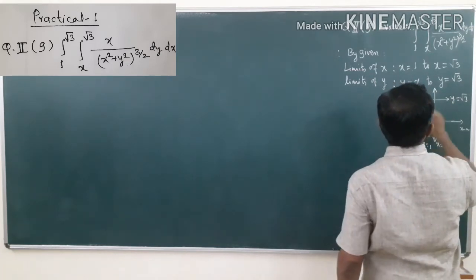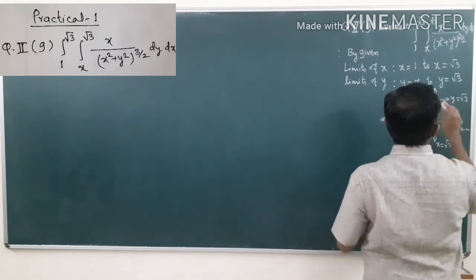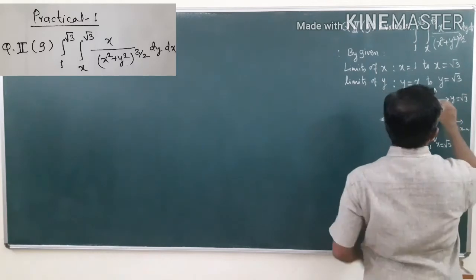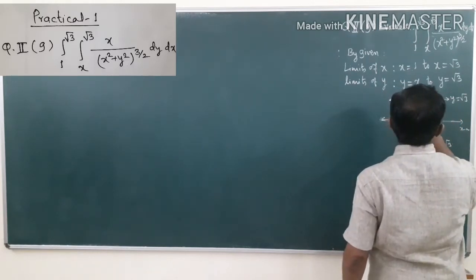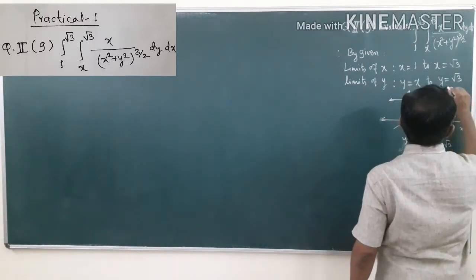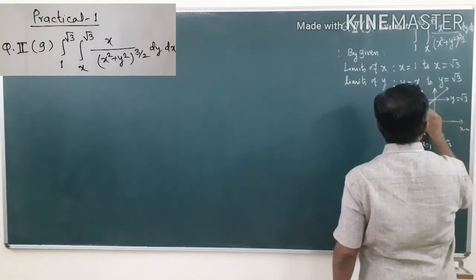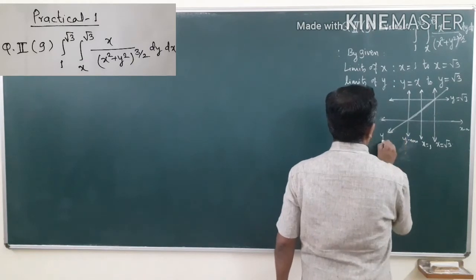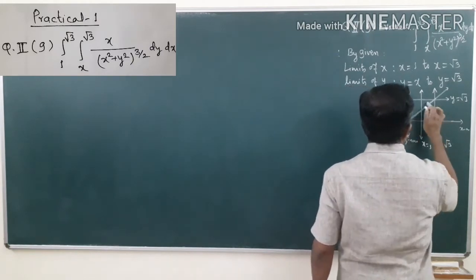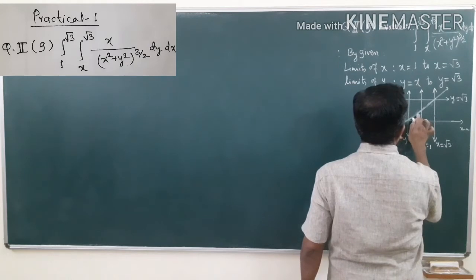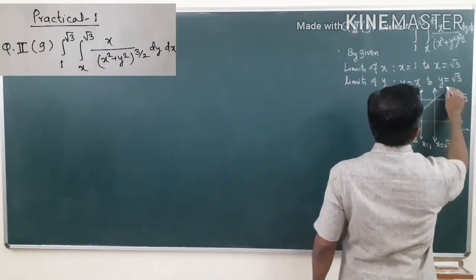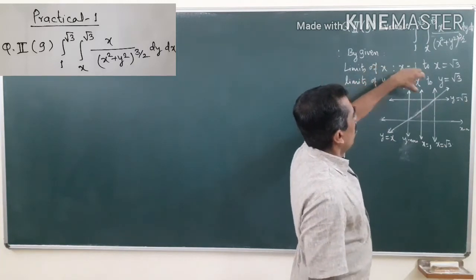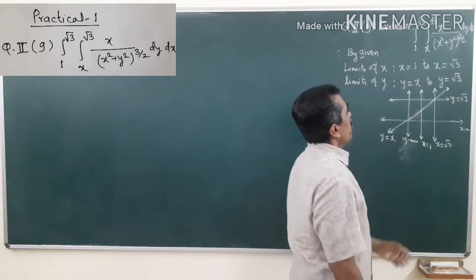That line will pass through this point, because at this point y and x are the same. So, your line will be like this. So, this is the line y is equal to x. Thus I have plotted all the given limits of x and y.